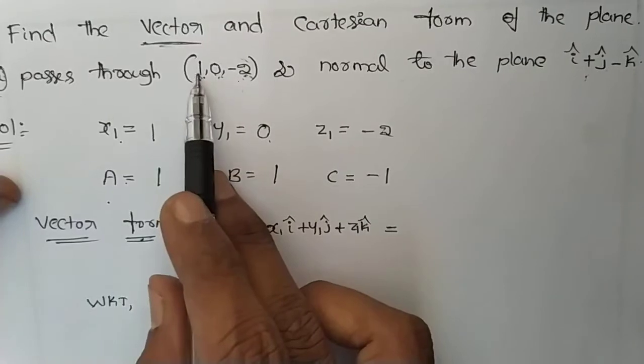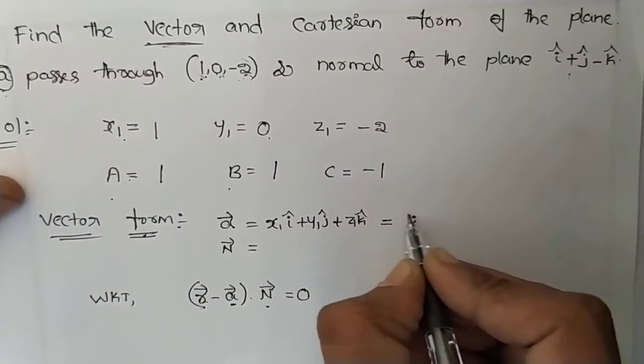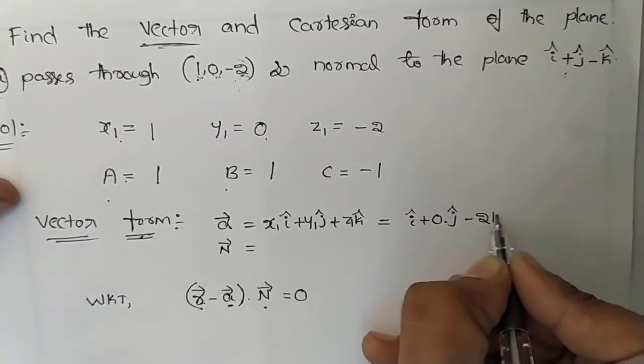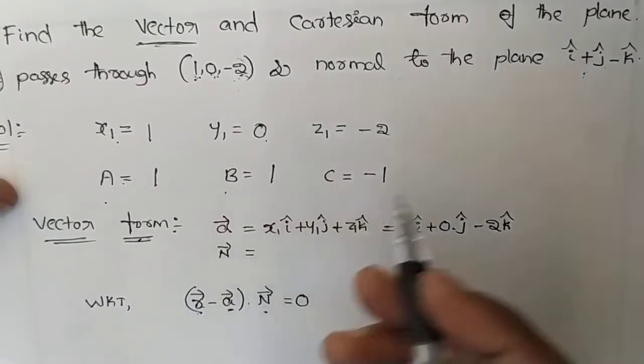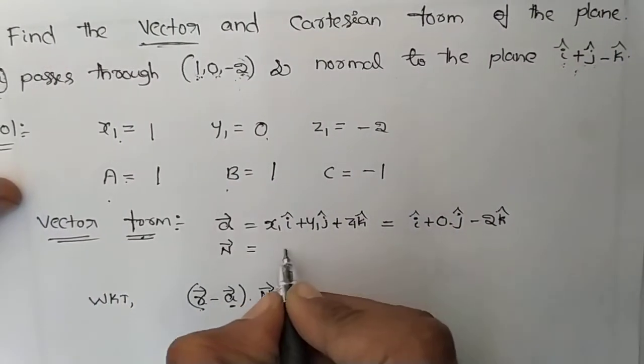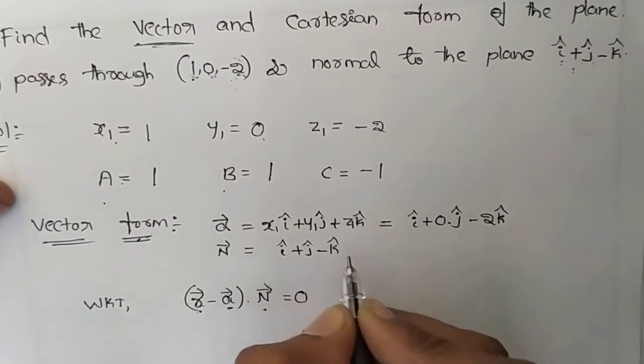So it is i cap plus 0 j cap minus 2 k cap. Next, the n vector is the normal to the plane, i cap plus j cap minus k cap.